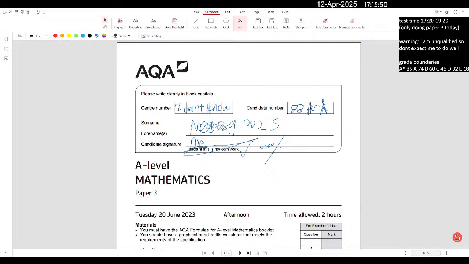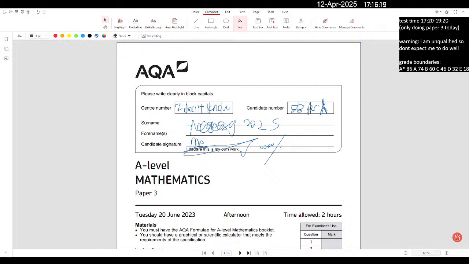H2 math in Singapore, our A levels, is way harder than this British A level maths. Because at least for these papers, I can get like a 60, 70, judging from the past two papers. For H2 math, I'd be getting like 30%, honestly. It's really that different.